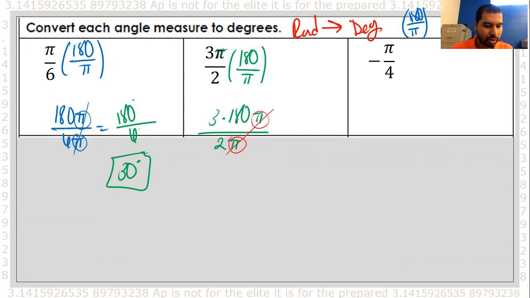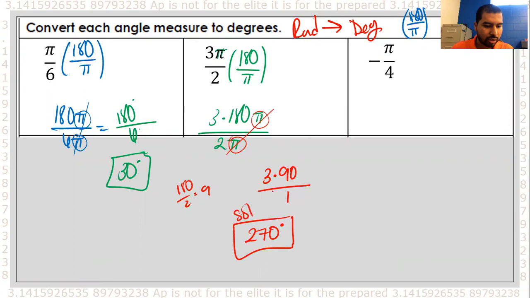But 3 times 180 is a pretty big number. I'm going to use 180 divided by 2 just to make the division easier. 180 divided by 2 is 90. So we have 3 times 90 over 1, because the 2 got reduced as well. So we're left with 3 times 90, which is 27 times 10, which is 270 degrees as our solution.